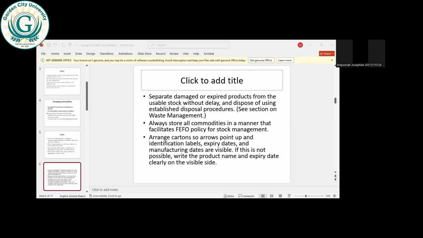So the focus is you making sure that you prevent excessive expiry, because if you don't follow this policy and you issue them anyhow, you may end up having a lot of expired products.